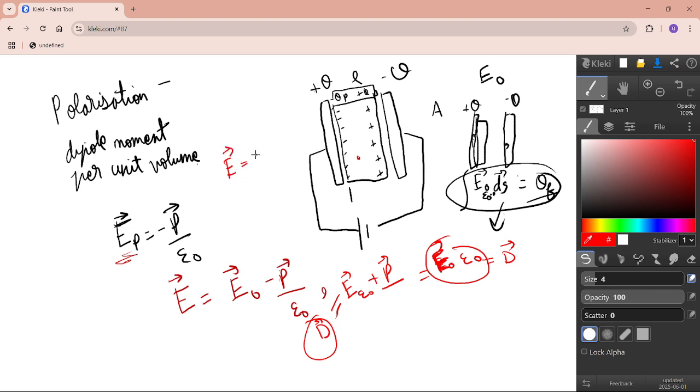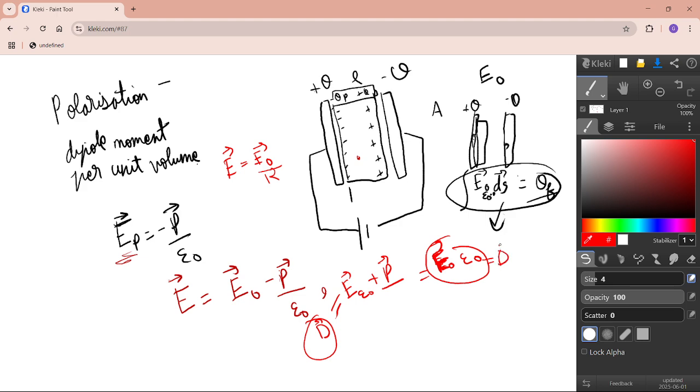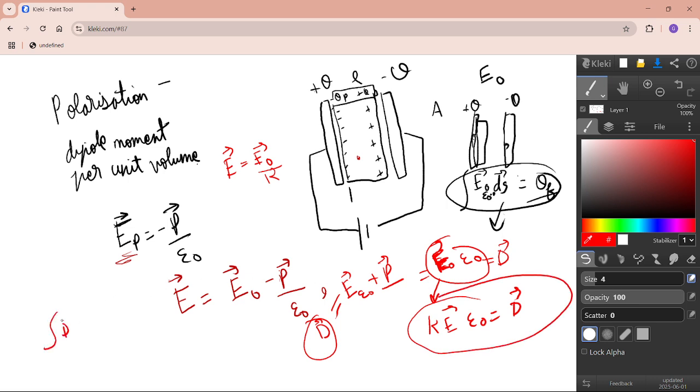The net electric field is the electric field due to the conductor divided by K. It's E naught, so we can write it as EK, right? It's D. And this can also be written as K E vector epsilon naught is equal to D. If we put it in the formula that we derived just above, which was D dot dS, the charge free.